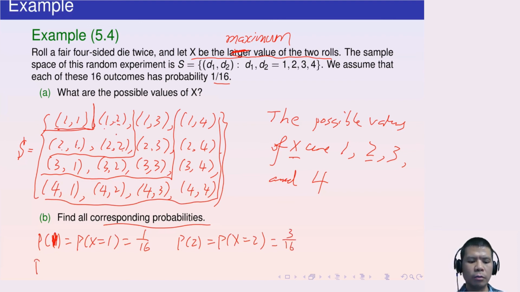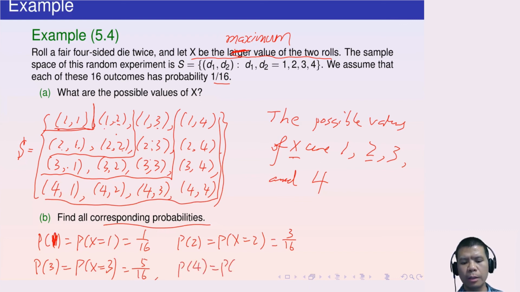P of X equals 3 has 5 outcomes, so 5 over 16. And finally, P of X equals 4 has 7 outcomes, so it's 7 out of 16. These are the corresponding probabilities.